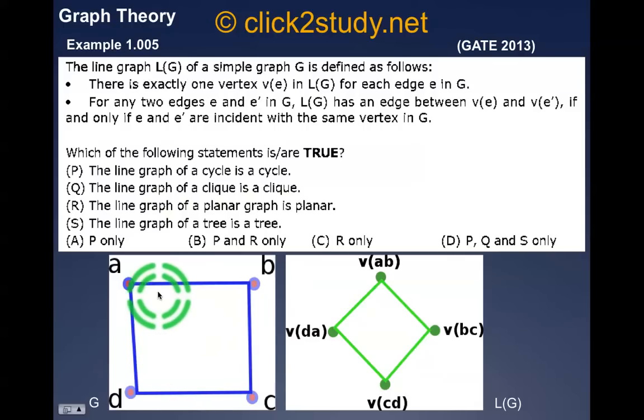Suppose you had a bigger cycle than this. What would you have? You will have more vertices and more edges, but it would look like this only. The structure would be like this.